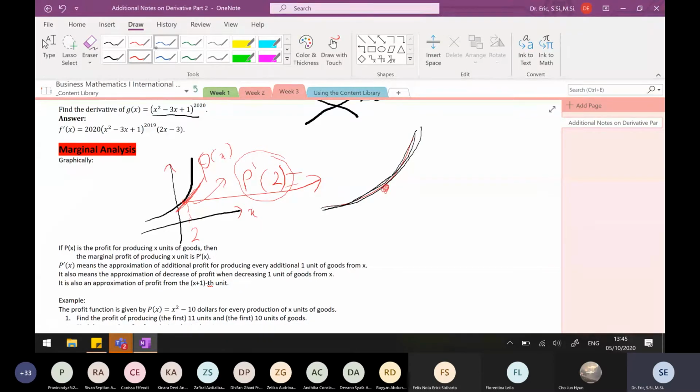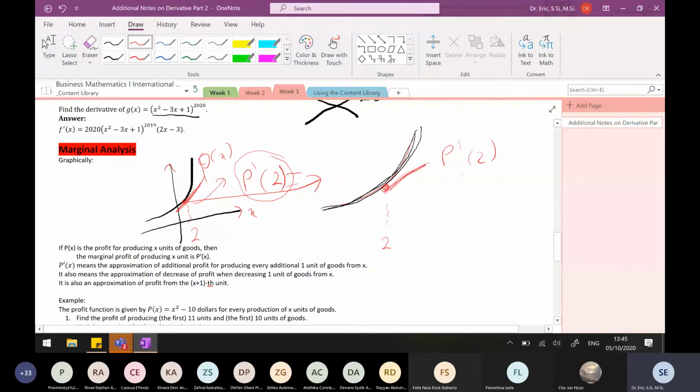At this point, when this is x equals 2, P prime 2 is the slope of the tangent line here.